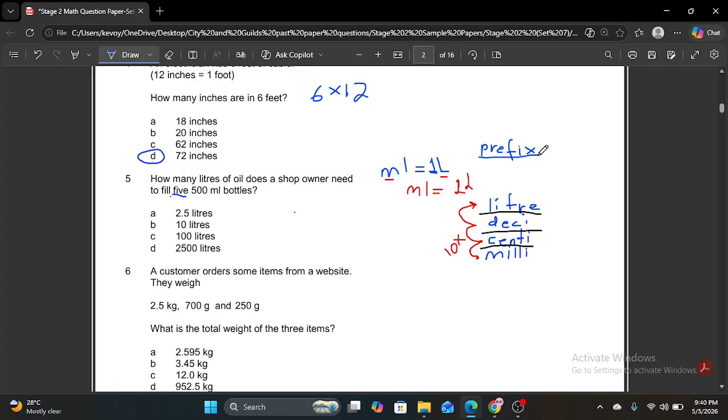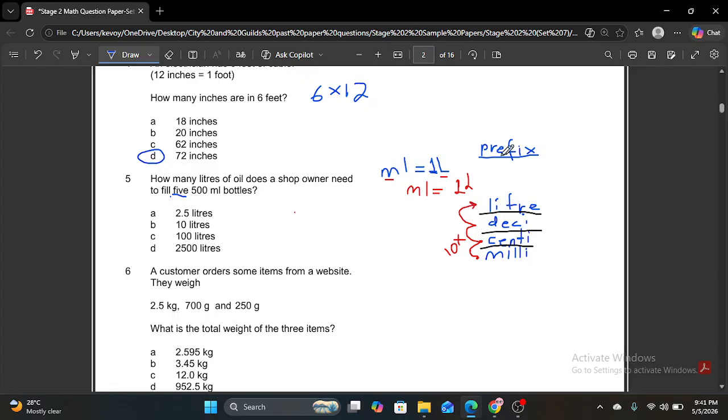We're trying to find from milli to liter. So first, identify how many milliliters give you 1 liter. In order to do that, you can quickly write out the prefix table. We start with milli, then go up to centi, then deci, then our base unit, liter.